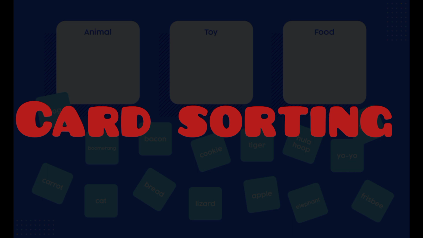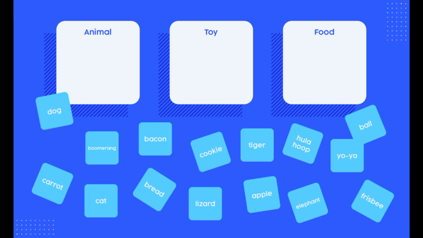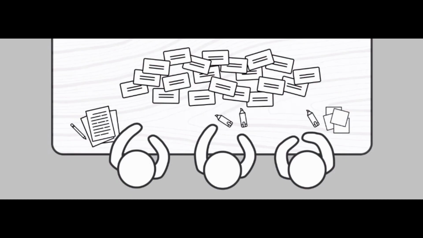So now let's see what is card sorting. Card sorting is used to evaluate or determine the information architecture of a product or system. In other words, how information is grouped, labeled, and organized. As the name suggests, card sorting is done using cards. So the researcher picks a set of topics based on the content they want to include on a website or app.